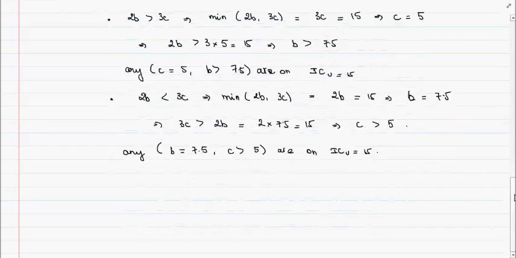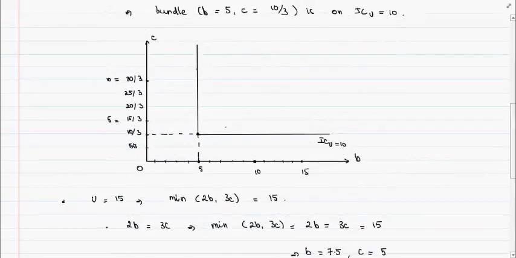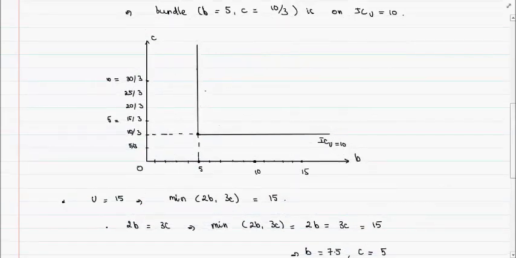Okay, so in terms of a diagram, we're just going to do that again over here, where the first bundle on the indifference curve is B equals 7.5 and C equals 5. So C equals 5 is here, B is 7.5, so that is somewhere here in the middle.